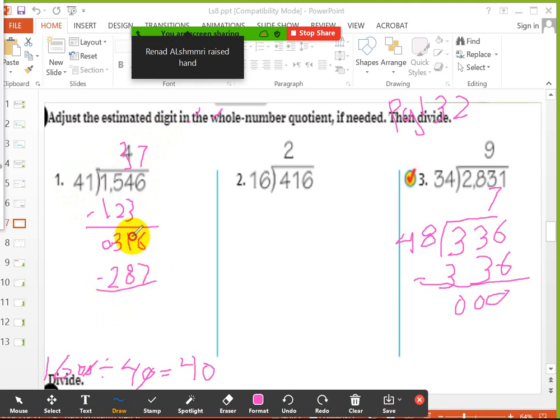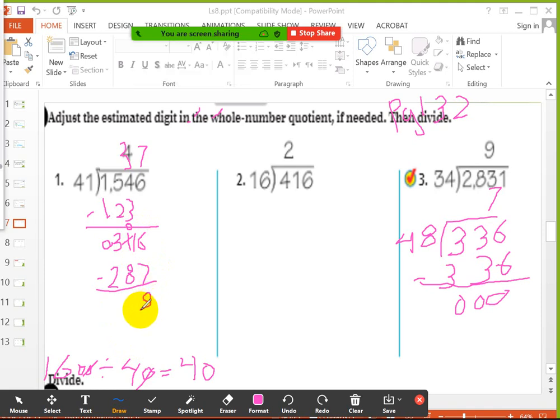I will borrow from this one, it will be 0, and this one will be 16. 16 minus 7 equals 9. And I will borrow from the 3, it will be 2, and this 0 will be 10. 10 minus 8 equals 2. So can I divide 29 on 41?